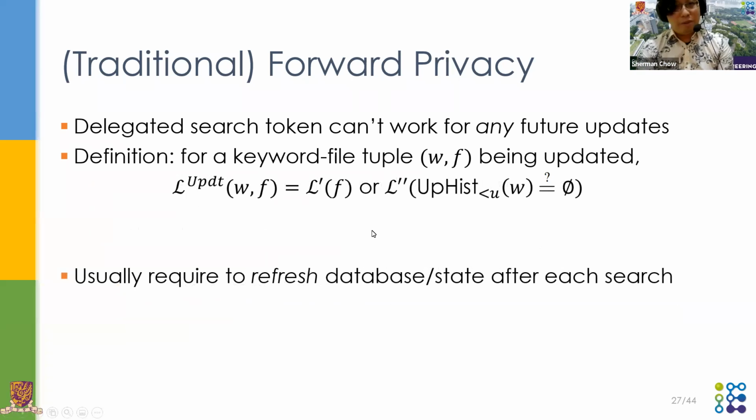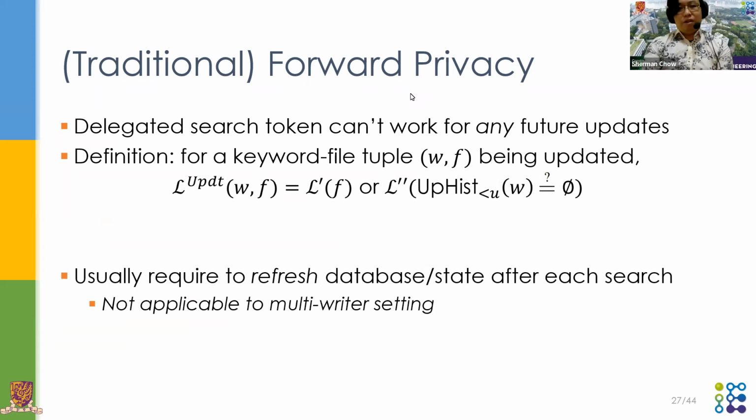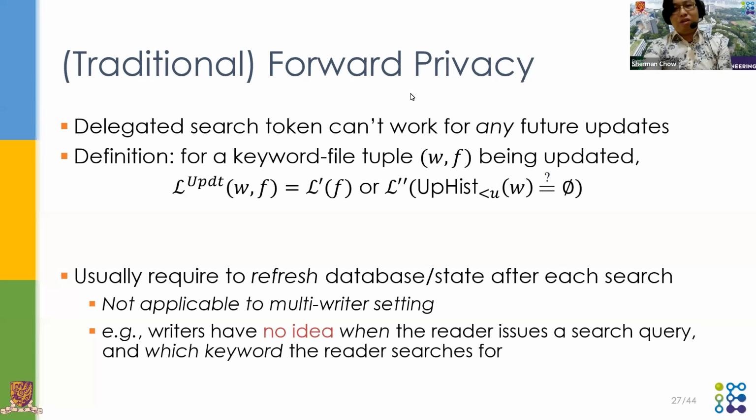And then, as mentioned, we usually require a refresh of the database or the state after each search. That is the traditional approach to achieve forward privacy. But that is not applicable to the multi-writer setting, because the writer will have no idea when the reader will issue a search query. So in SSE, the reader is the writer.